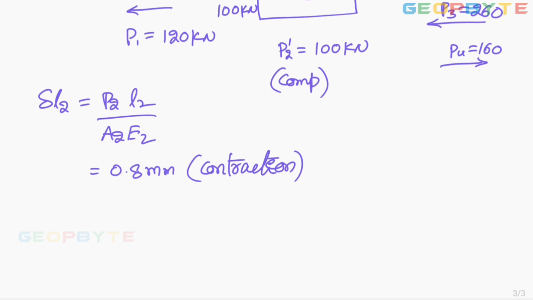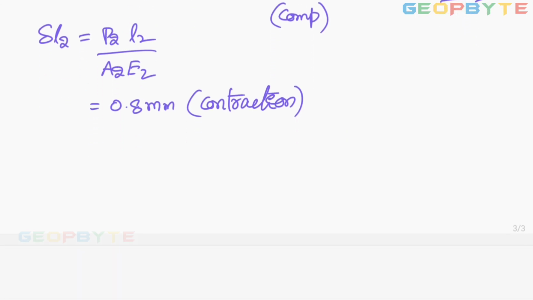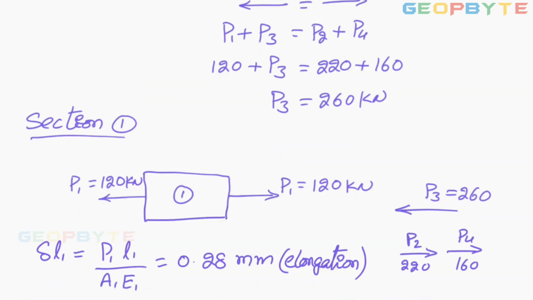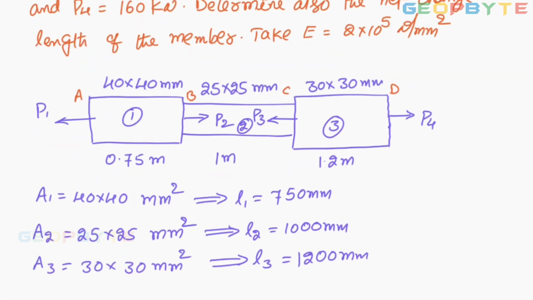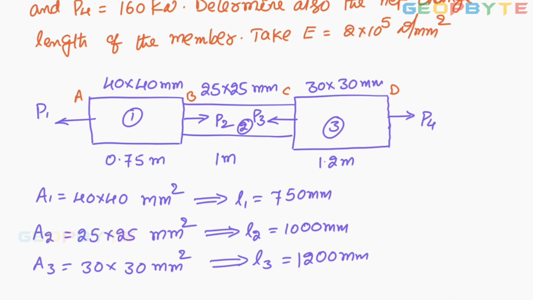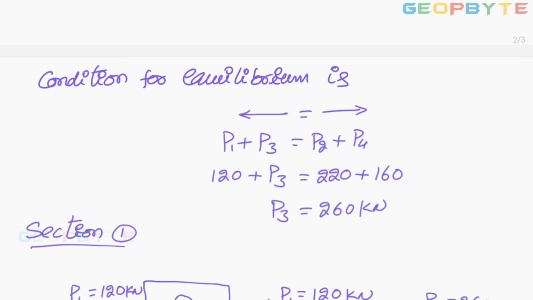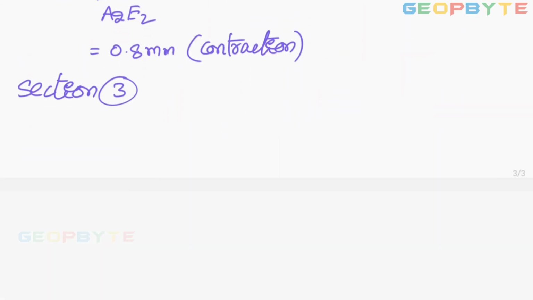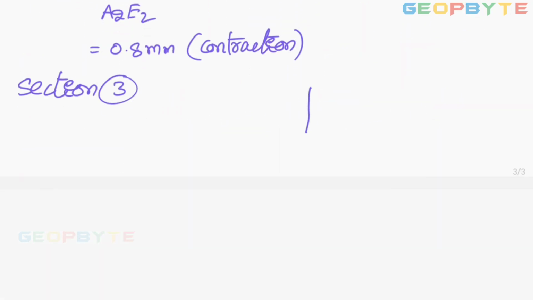Similarly, look at section 3. Let us take section 3, my dear students. For section 3, let us go back to the problem. This is section 3. With respect to section 3, P4 is acting at one end of the diagram. P4 is acting like this. This is your section 3.